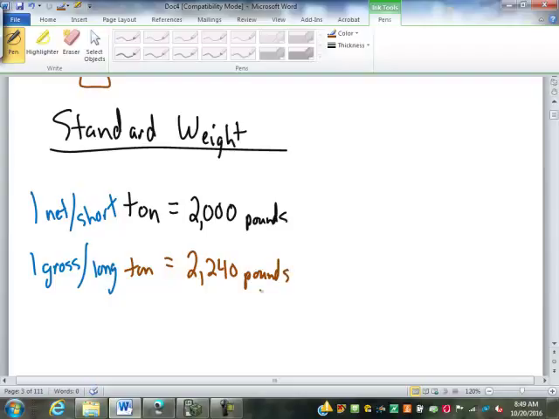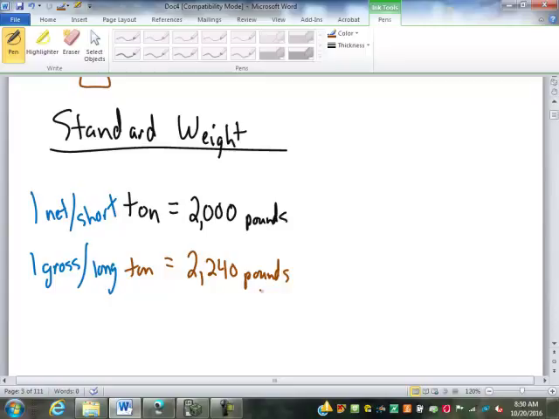Well, why the difference? Well, the ton was originally used for measuring grain. And if you're buying and selling grain, if you're trying to measure grain, putting it on a scale, you try to put 2,000 pounds of grain or a ton of grain on a scale, it's not going to sit there by itself. It's just going to run off the sides. It has to be held in a container. The container that typically held a ton of grain weighed about 240 pounds.